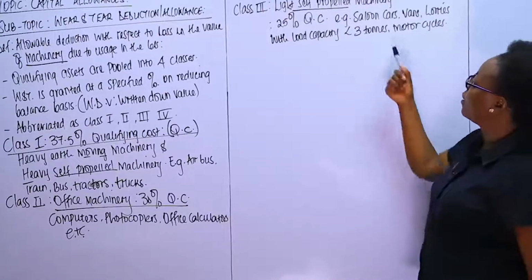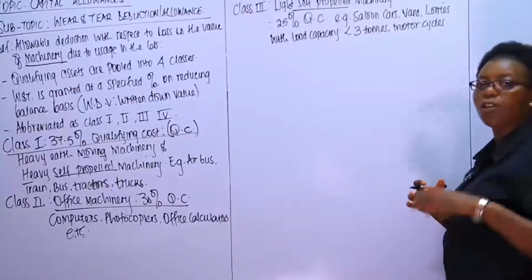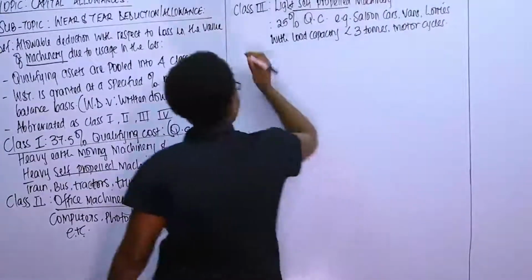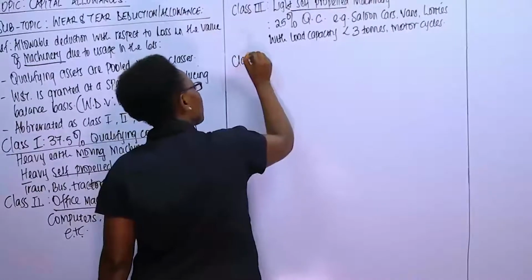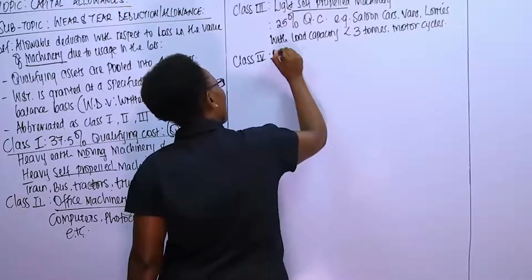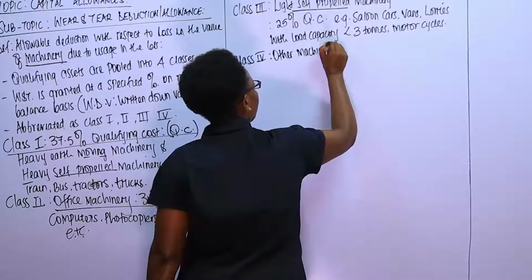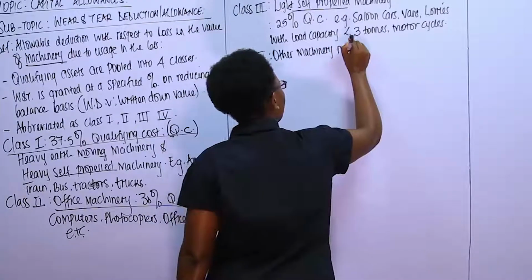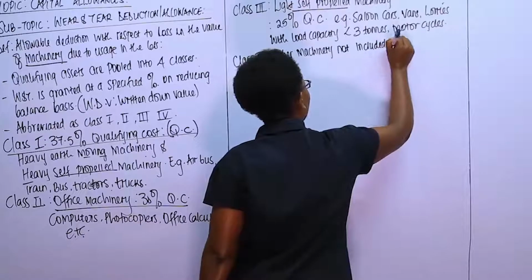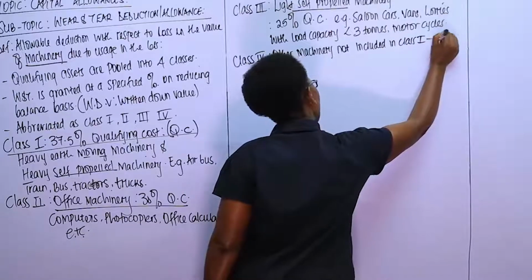Now, saloon cars, we're going to see much later how we treat it for the purpose of inclusion in class 3. Then class 4, this is for other machinery not included in class 1 to 3.